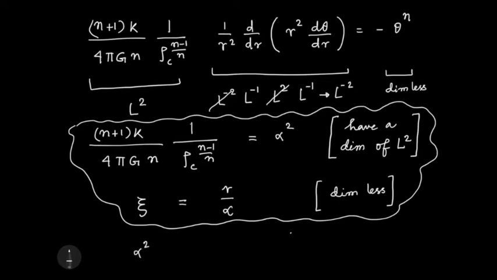This is alpha square, which is this entire thing as I define. R square is xi square alpha square. So I get 1 by alpha square xi square here, and then 1 by d of xi alpha. Remember, alpha is just a constant.